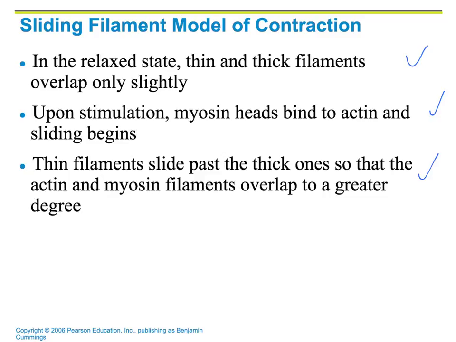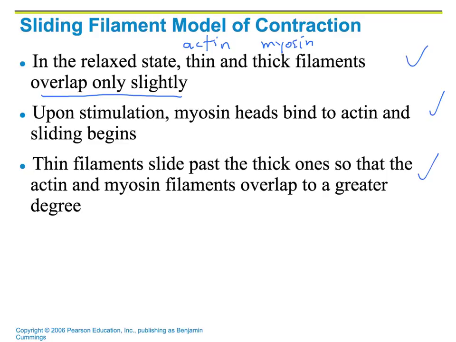We discussed, again, to review, the thin filament is primarily actin, and the thick filament is specifically the protein myosin. The hockey stick, the thick filament, and the olives, the thin filament. Again, when the muscle is in a relaxed state, there's only a slight overlap. This occurs on the edges of the A-band.